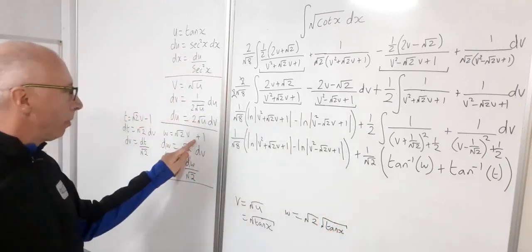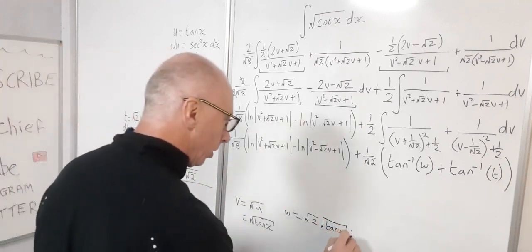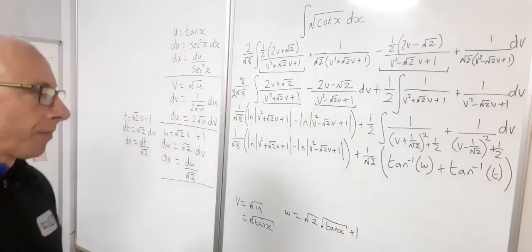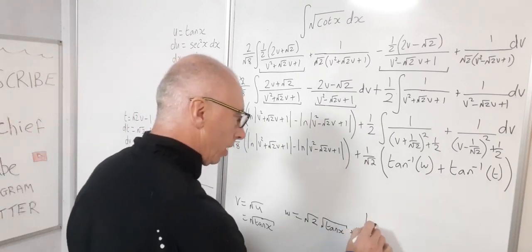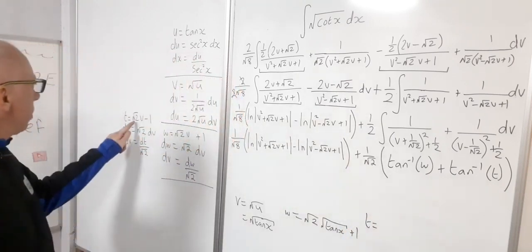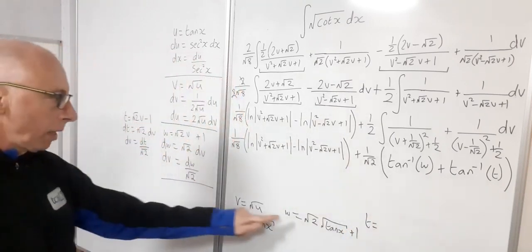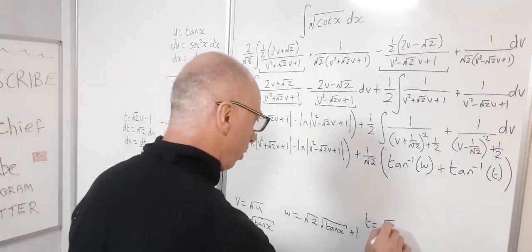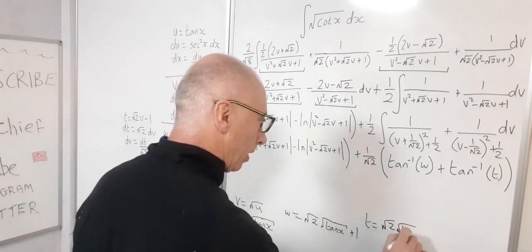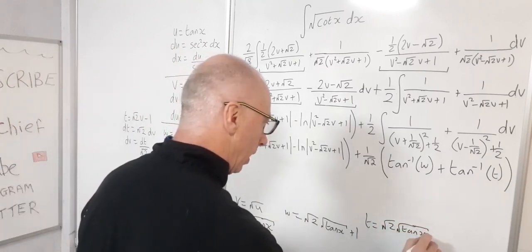And we need to remember the plus 1, very important. Okay, now what about our t? So let's bring the t over here. So t is root 2 v minus 1. So basically it's the same as this with the minus 1 here. So we've got root 2 root tan x and then minus 1.